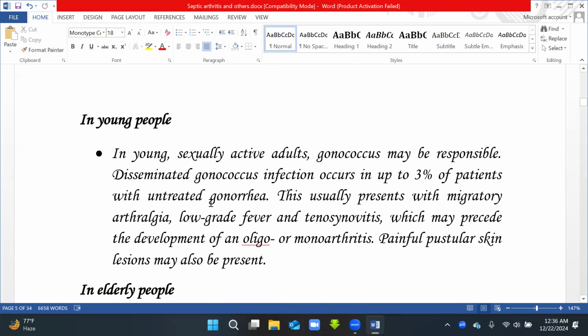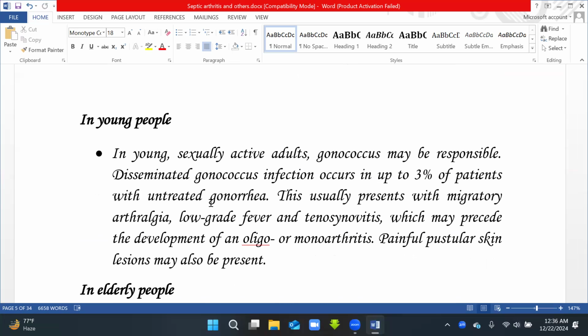In young people, that is, people who are sexually active, the common cause is the gonococcus, especially the disseminated gonococcus infection, and with people who have untreated gonorrhea.